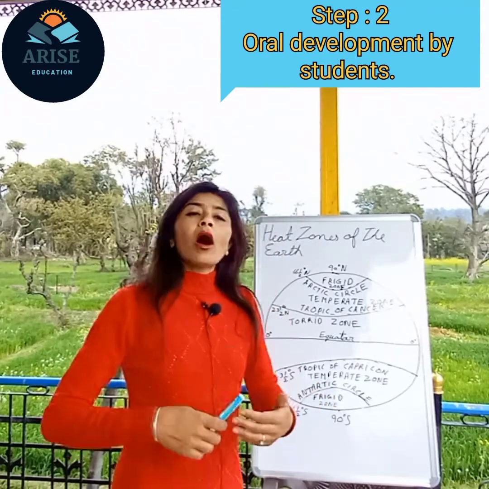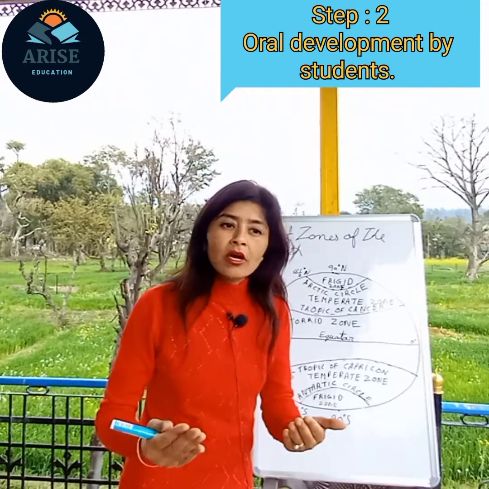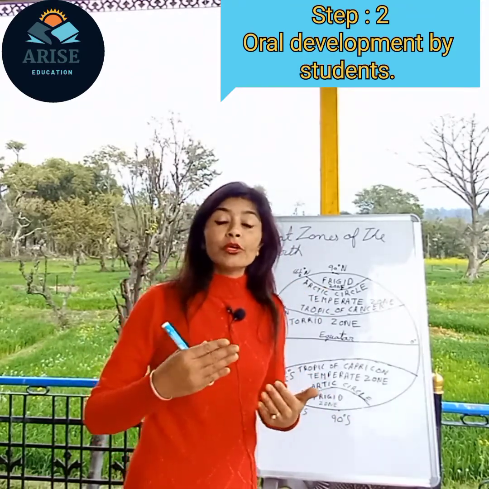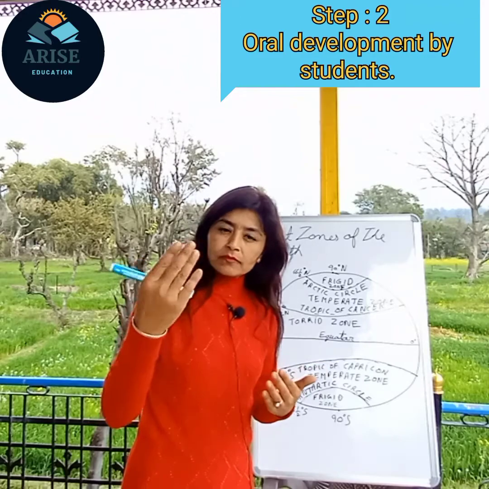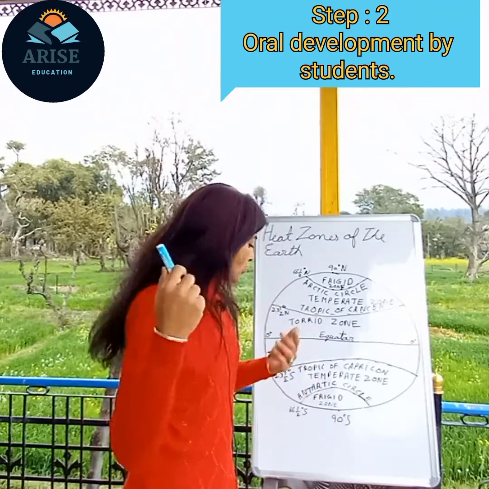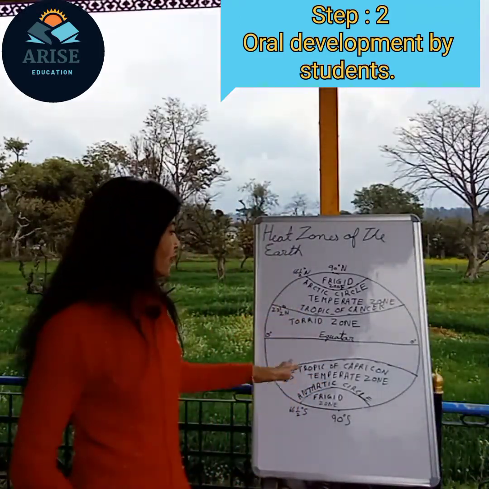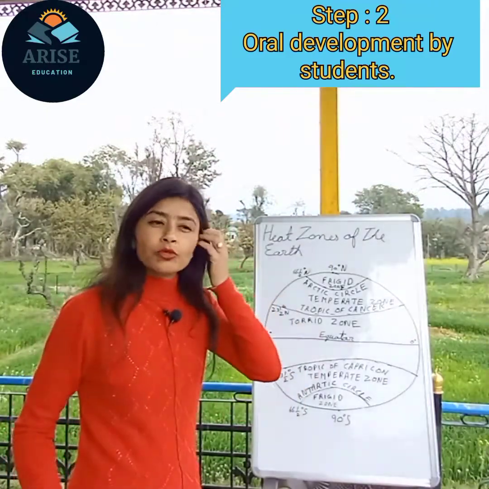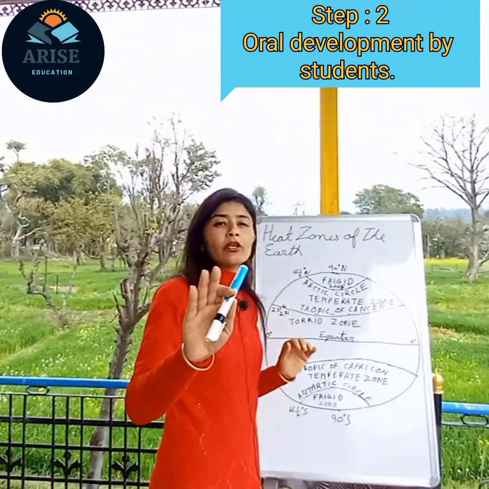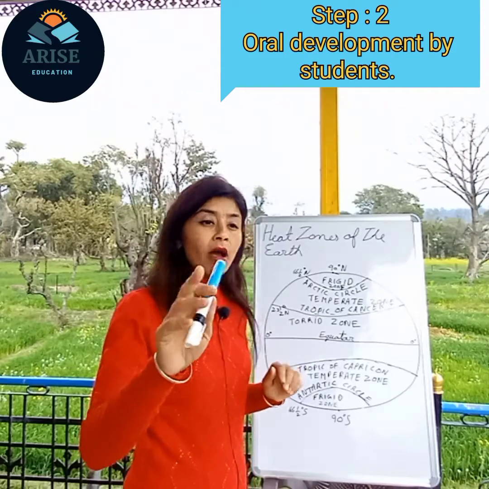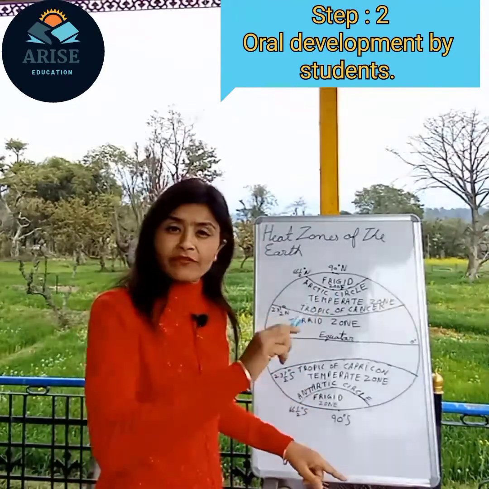So how can you question? What sort of questions can you ask the students? Take one thing in your mind: you have to write their answers on the blackboard side by side.